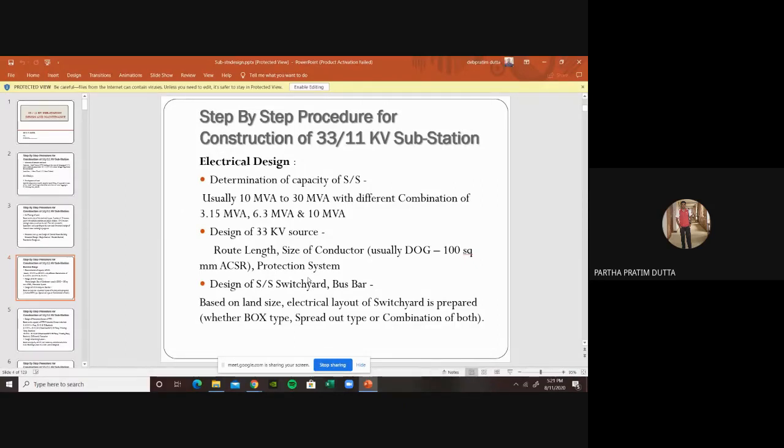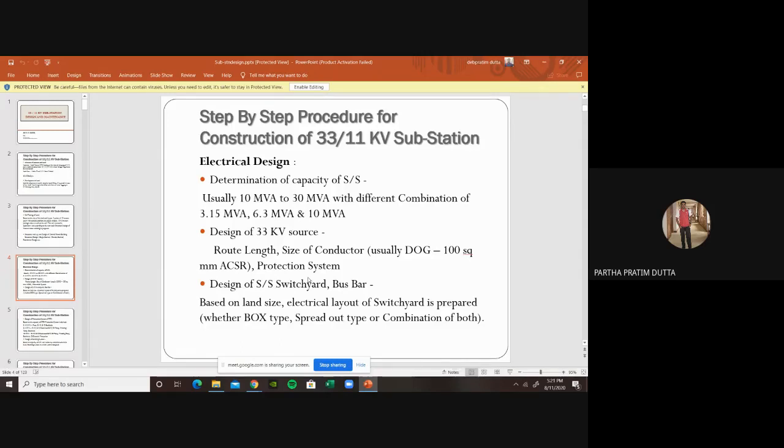We feel that is sufficient for a maximum 30 MVA of substation capacity. So we usually choose the DOG conductor, 100 square mm ACSR.